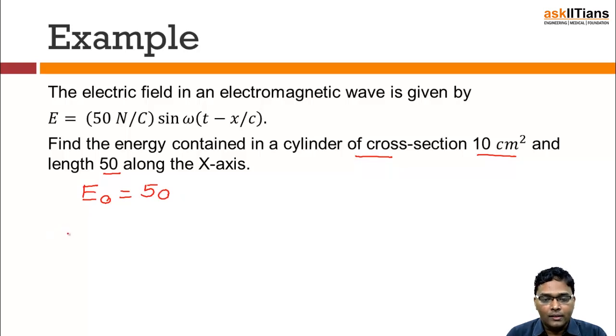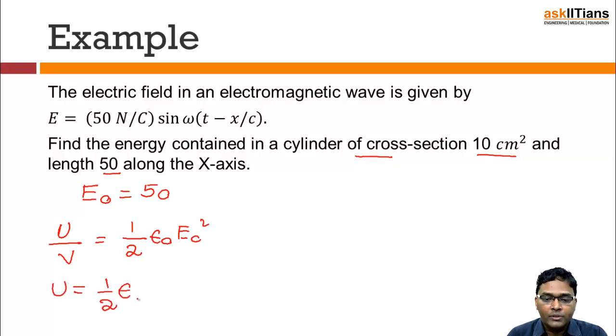And as a result, it says the energy contained in a cylinder. Now the energy per unit volume, that is the energy density, is going to be given by half epsilon naught into E naught square, right? As a result, if you try to find out the total amount of energy, that's going to give you half epsilon naught E naught square into the volume. You know the value of epsilon naught.